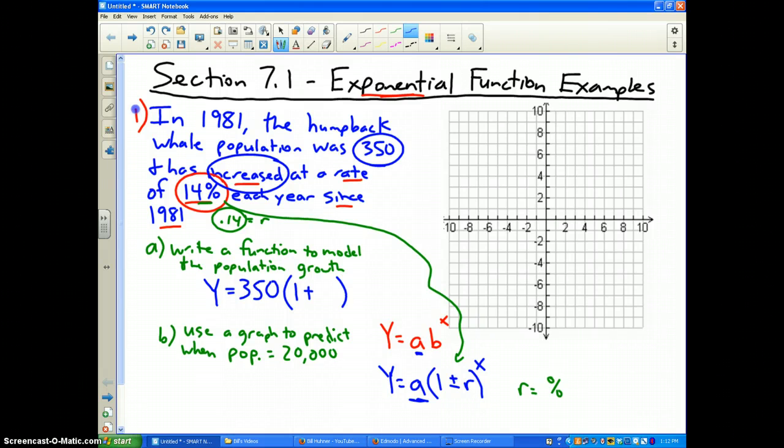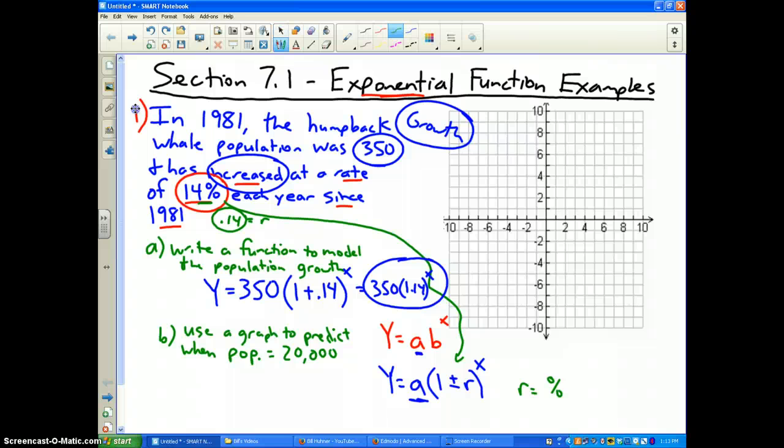This is a growth problem, people. It's growing. So 1 plus 0.14 to the x power, which is the same as 350 times 1.14 to the x. That's what you're going to type in your graphing calculator, what I put in the blue circle. That is the function to model this growth.